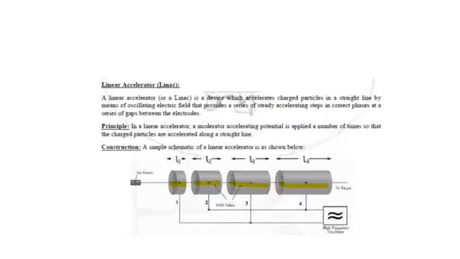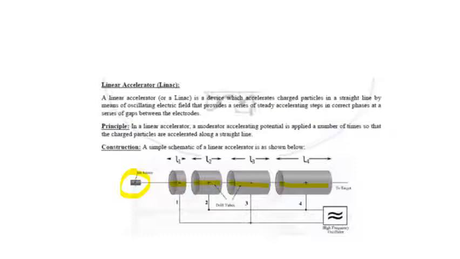We are keeping gap between these. Here, the source is shown here. The source gives you ions, which move here. This is minus, this is plus, this is minus, this is plus.